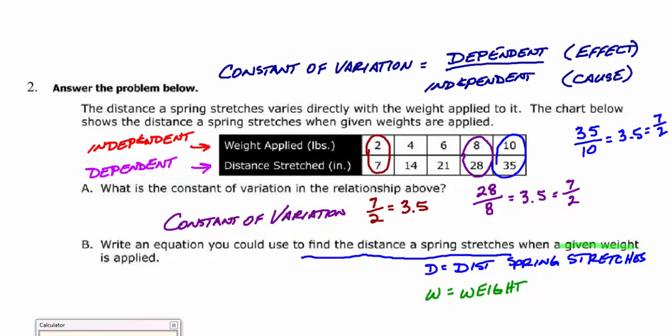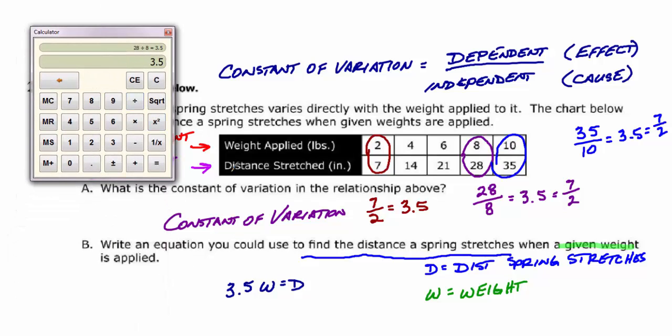So when I get down to my formula, it's going to be my constant of variation times the weight equals the distance. And I can check that, if I bring my calculator back for a minute, I can check that by taking 3.5 times 6.